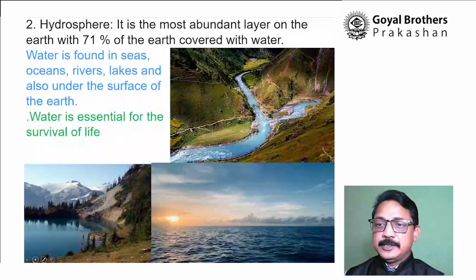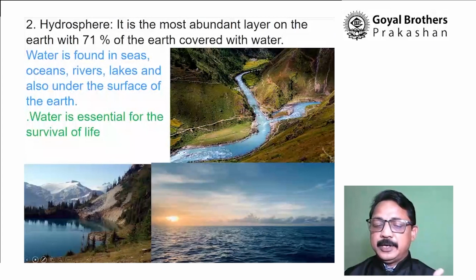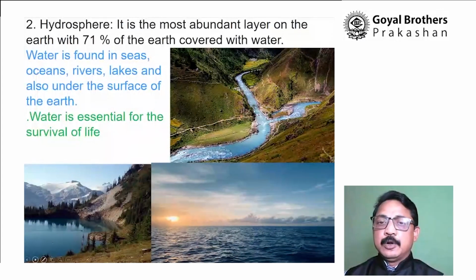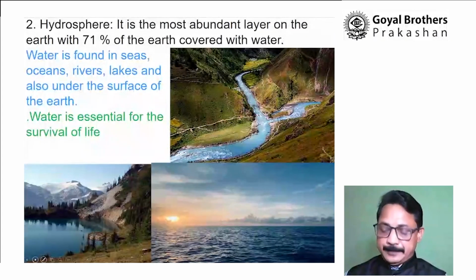Of course, water is essential for our survival. Every living thing in nature, whether plant or animal or microorganism, needs water for its survival. And if life is present on Earth, one of the reasons is hydrosphere.